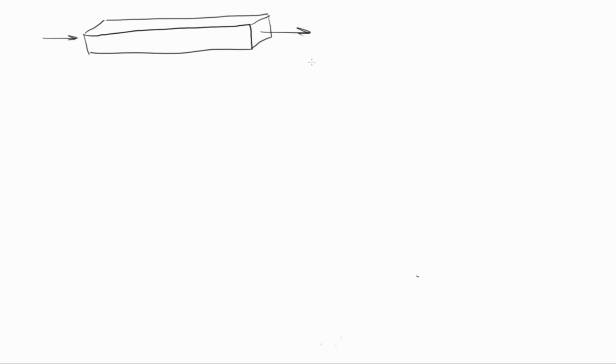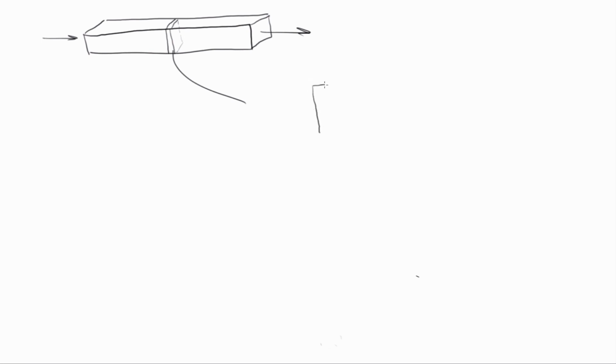Right? And what we're going to do is take a little bitty differential sliver of it, and pull that out, and write a mass balance on this little sliver. Right?